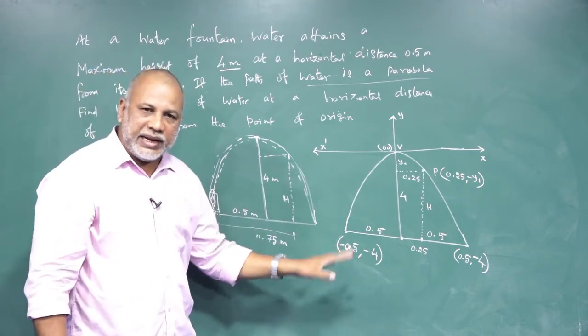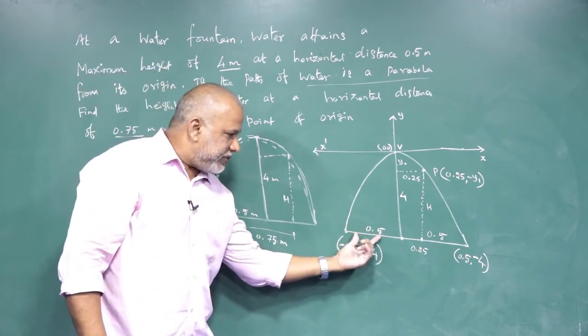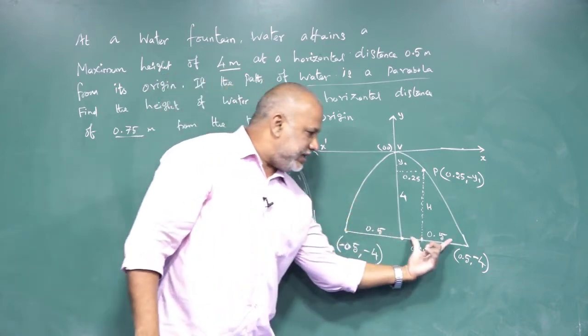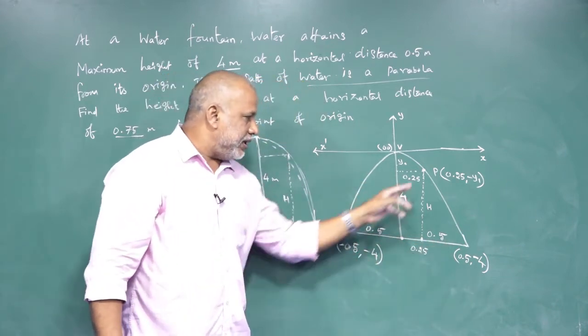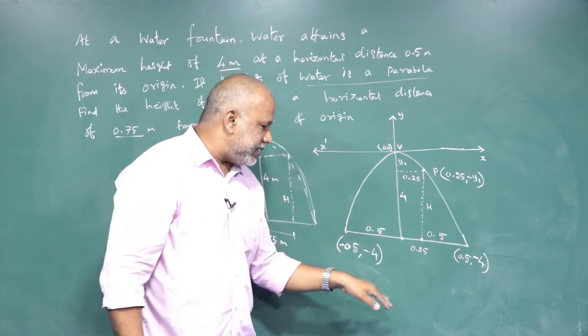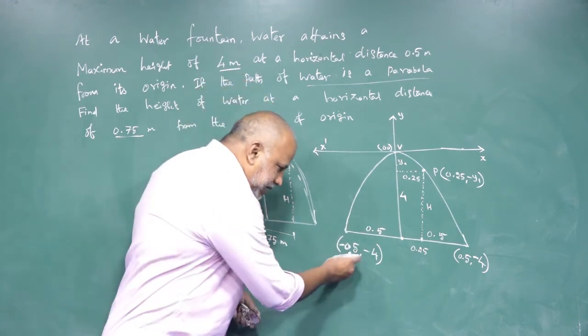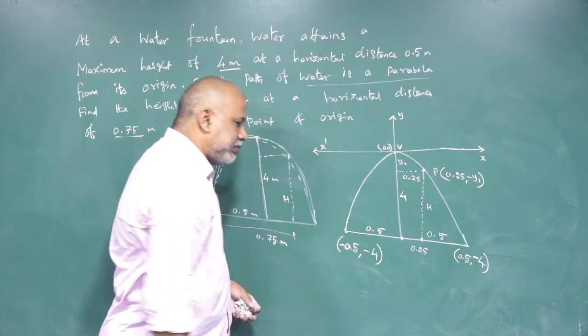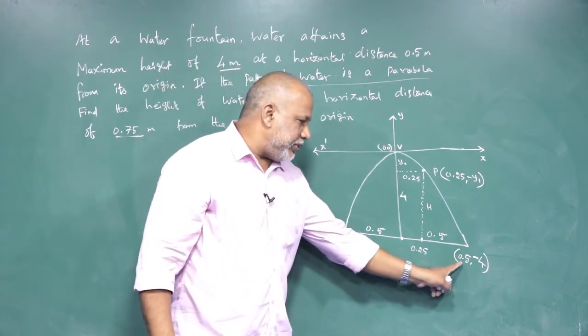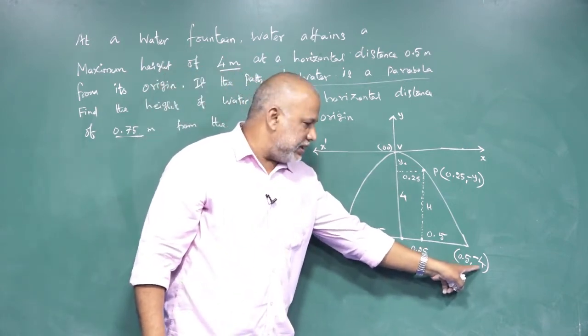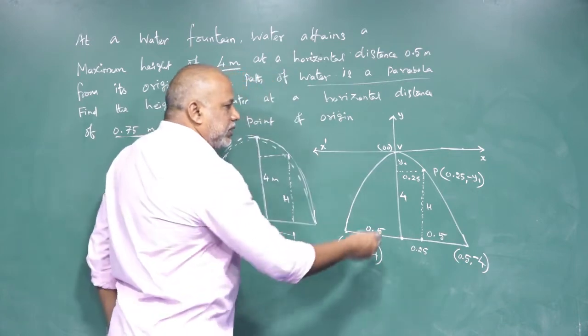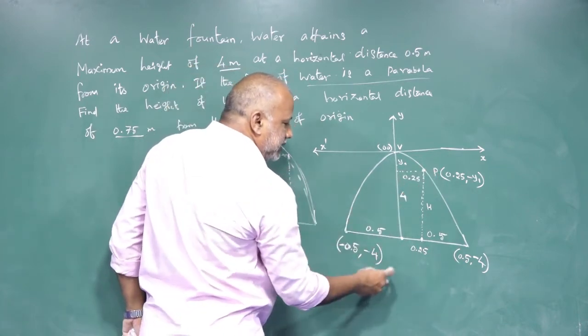See the data here: this is 0.5, this is 4, and again this entire value is 0.5. Then convert this data into points. Here it lies in the 3rd quadrant, so minus 0.5, then minus 4. Here 0.5, and the y coordinate is negative.